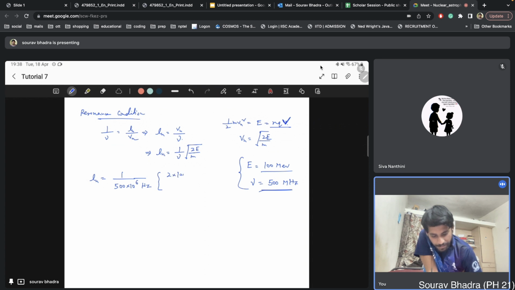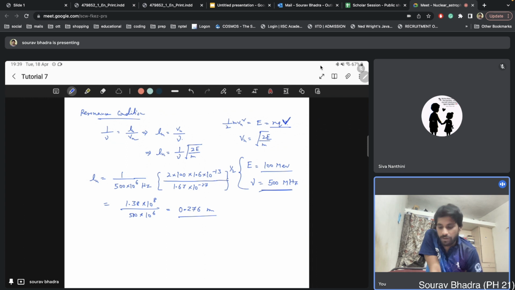E is 100 MeV, also converted from MeV to joule. And m, here we are considering protons, so the proton has mass of 1.67 10 to the power minus 27 kg, and to the power half is there. If you calculate, it will give you 1.38 10 to the power 8 divided by 500 into 10 to the power 6, which is 0.276 meter. So 0.276 meter is the length of your last tube, that is the nth tube.